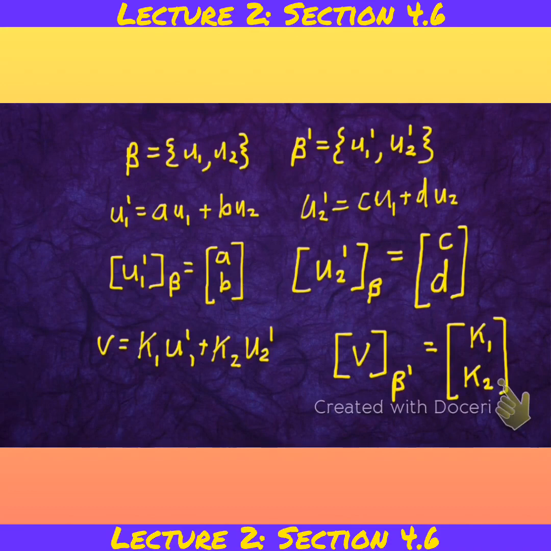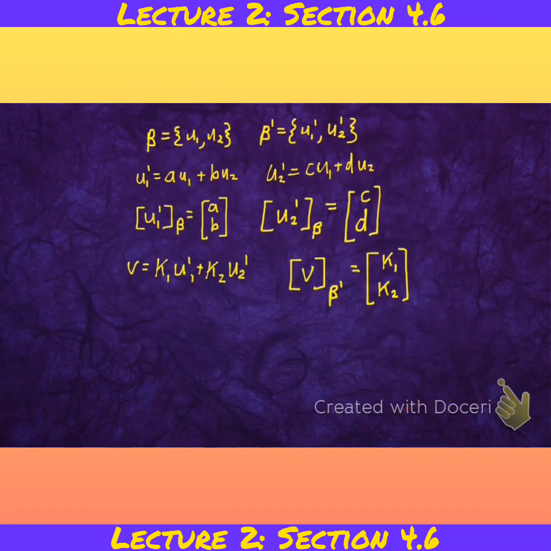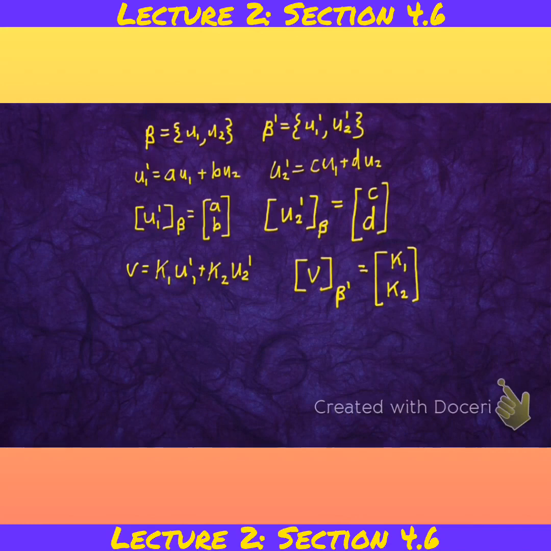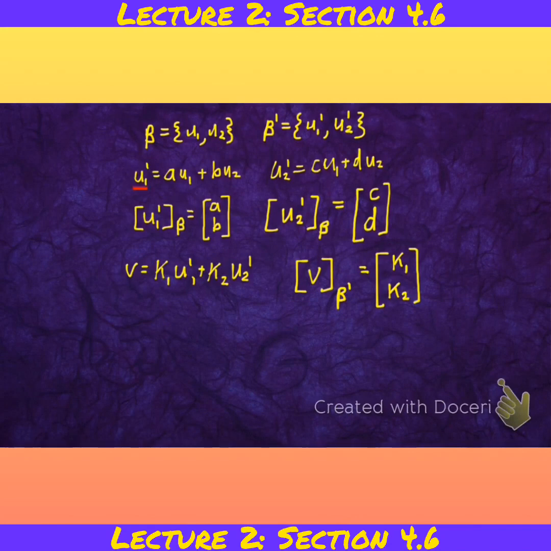Using this coordinate vector, what do I want? How can I find this? That is the question. Our aim is now to determine that. What we can see from here is that we have an expression for that vector and an expression for that vector.